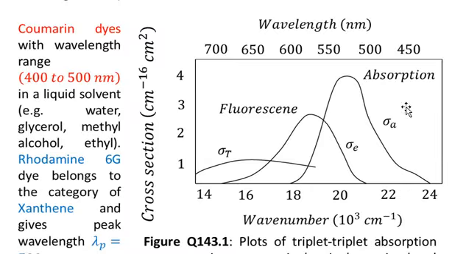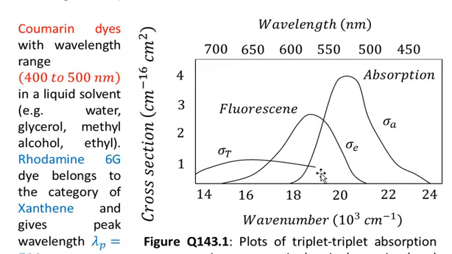You can see that the wave numbers in 10 to the power 3 times centimeter inverse are plotted on the horizontal axis. Cross section in 10 to the power minus 16 centimeter square is plotted on the vertical axis, and another axis with wavelength in nanometer equivalent to the wave numbers is shown from 700 to 450 nanometers.